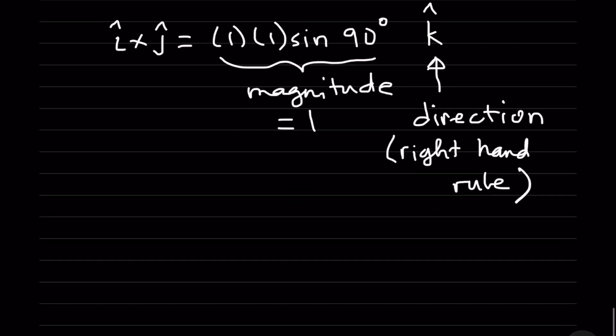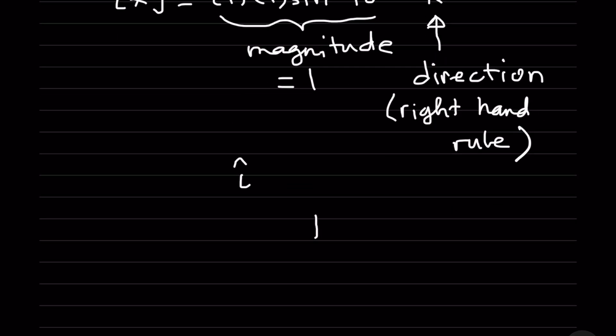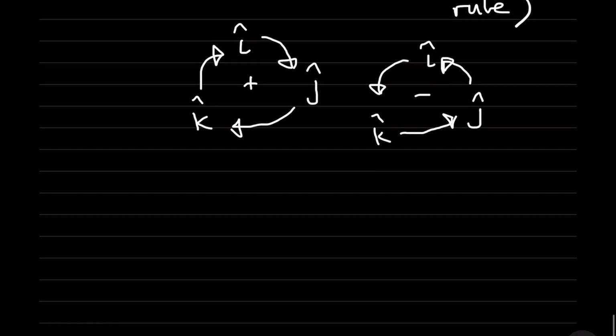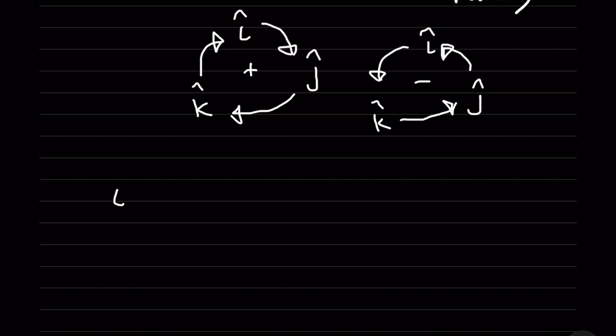So there's a mnemonic device that I would like to teach you for you to easily remember the cross product of unit vectors. You just write i hat, j hat, and k hat this way, and take note of the direction of rotation. If it is clockwise, positive; counterclockwise, negative.